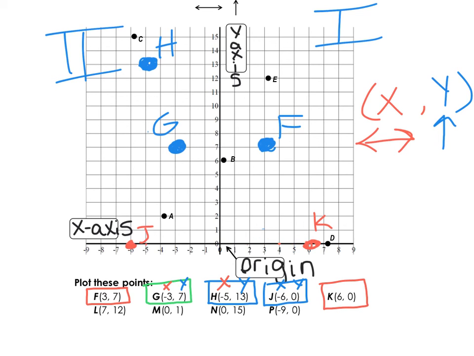All right, we're going to do one more. Let's do N. Remember, x is going to be 0 this time, and y is going to be 15. So we're going to start at the origin. My x is telling me I'm not going to go anywhere.